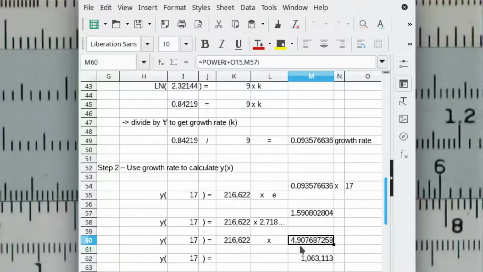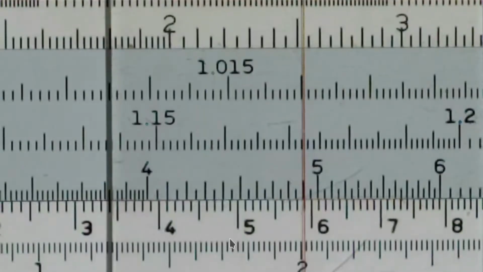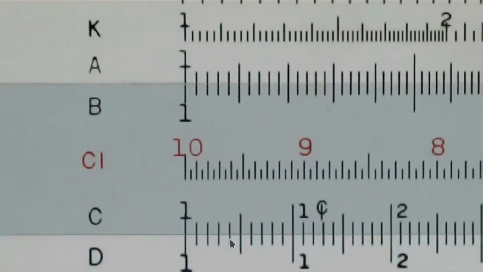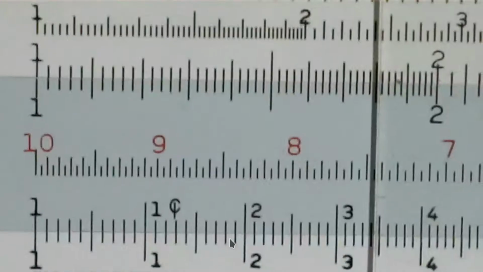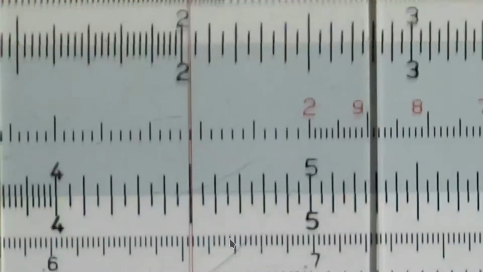We can see that we need to now multiply that times 216,000. So 4 times 200 gives you a bit of a ballpark as to how big that number is going to be. The number was read on the log 3 scale at 4.9. We'll have to set that again on another scale. Sometimes you have to remember these numbers.